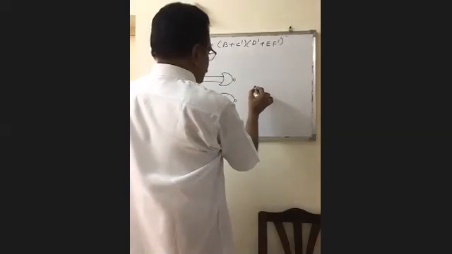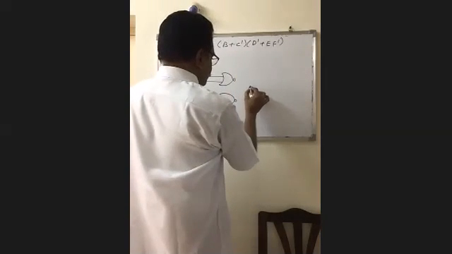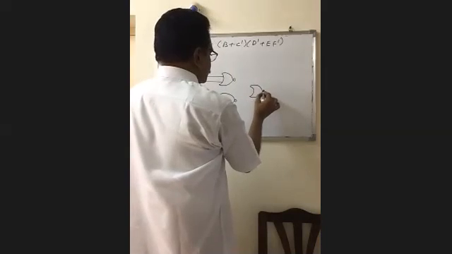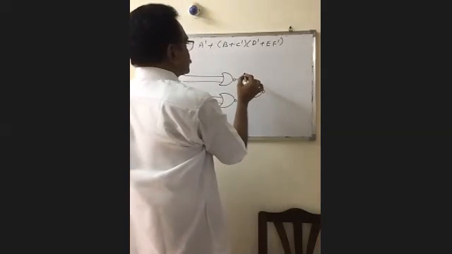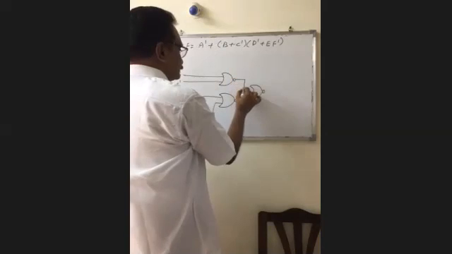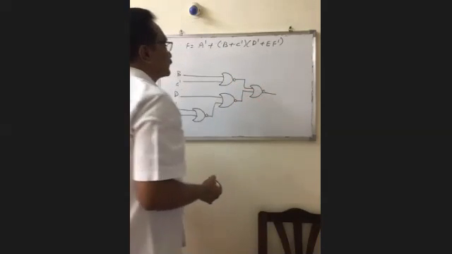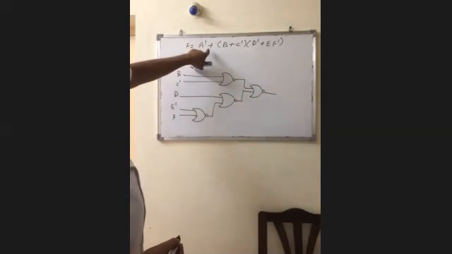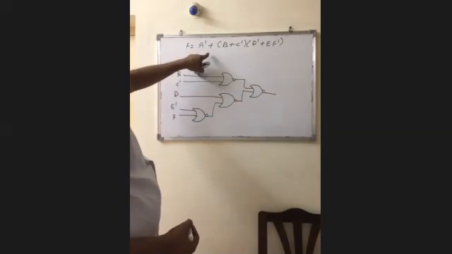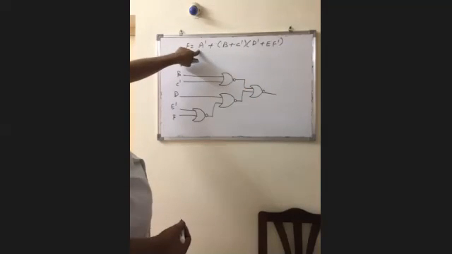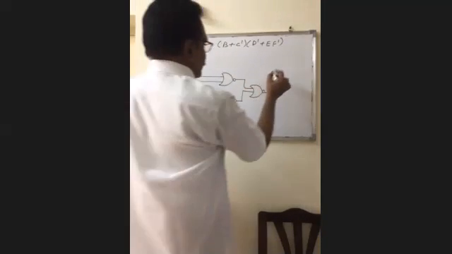Next for this one, we have to connect one NOR gate. Next, it is a sum term. By using NOR, simply connect the variable itself. So connect A only, A dash only.